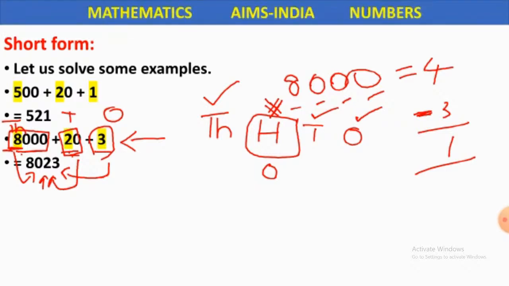See, the first term in the question, which is 8000, had 4 digits, and the answer, 8023, also has how many digits? 4 digits. Yes or no, children? Hope you have understood here.